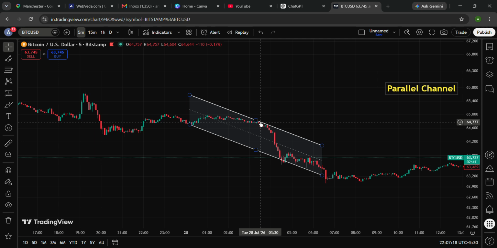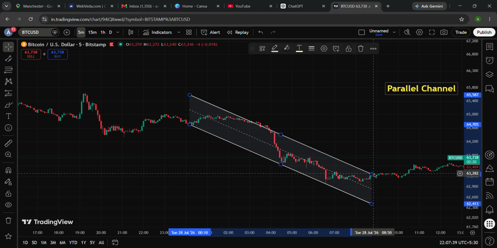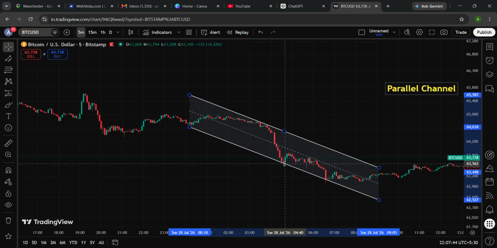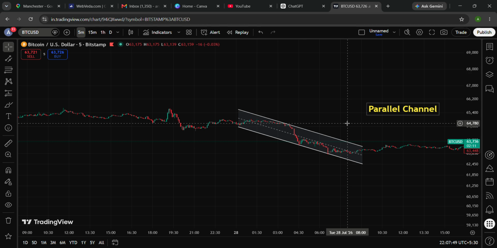And the price actually took support at the exact level where the previous trend line or the previous parallel channel worked. If you expand it, you will see it also works as a certain kind of level.